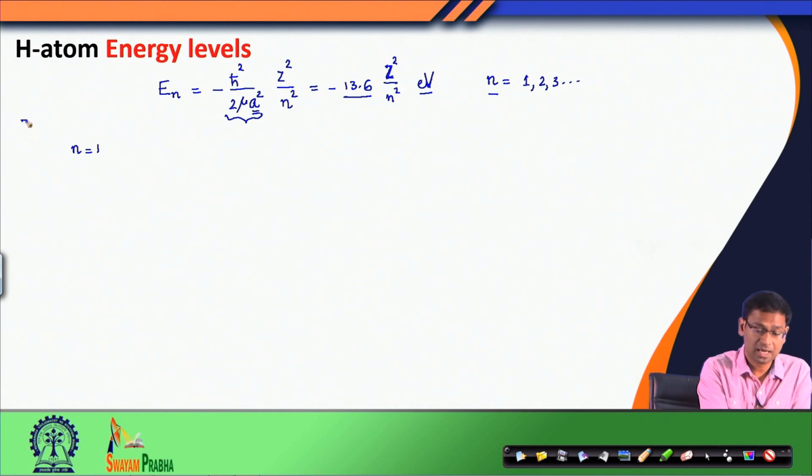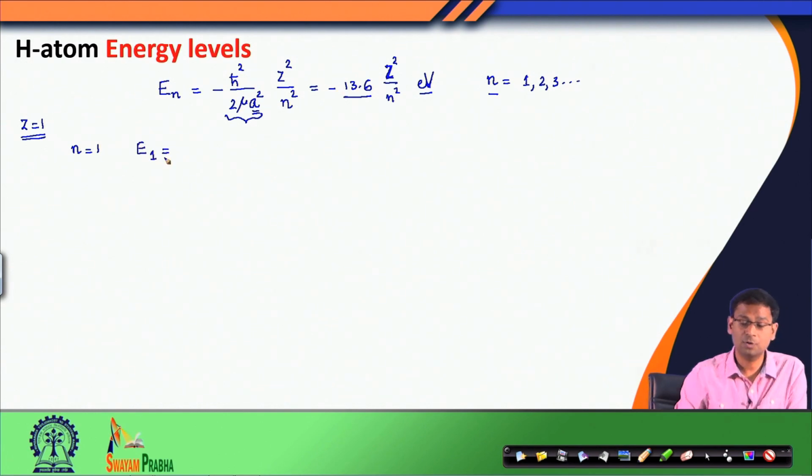So, suppose now I put n equals 1. Before that, let us say I am considering the hydrogen atom, therefore z is equal to 1. When I put n equals 1, this energy level E 1 would turn out to be simply minus 13.6 electron volt.